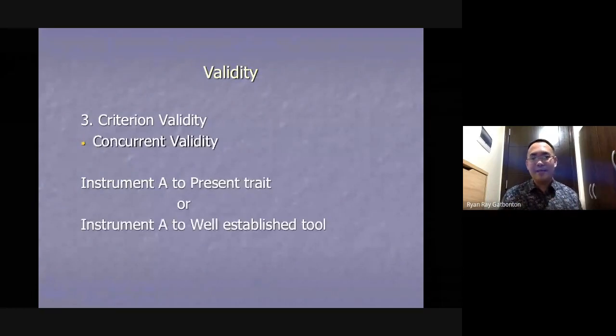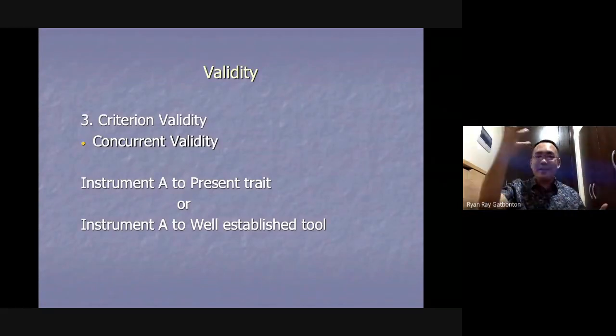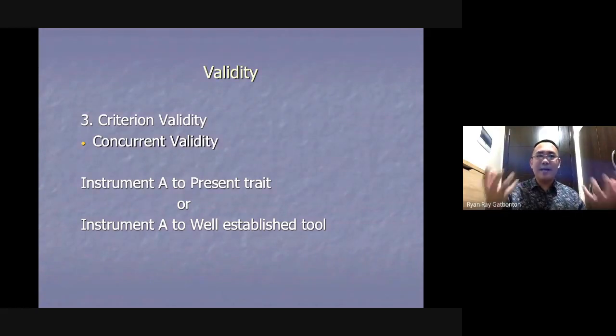Pag sinabing concurrent validity, your tool that measures a certain construct, a certain variable, you compare it with a present rate na similar doon sa pinag-aaralan mo. Okay? Or you compare it with a well-established tool. So for example, you try to measure the nursing competence of level 4 students using a certain questionnaire.